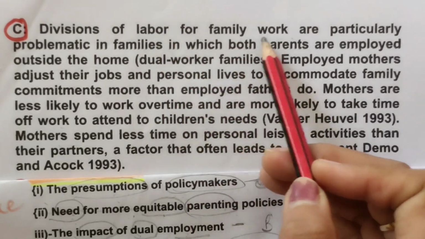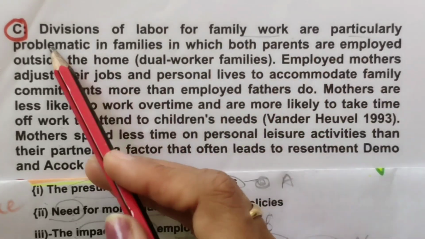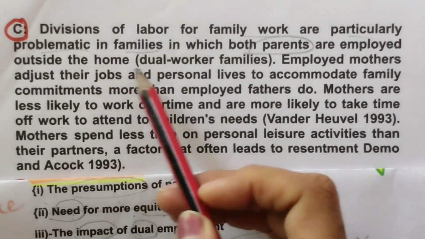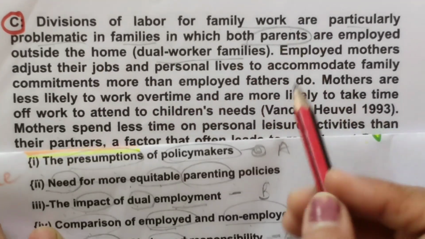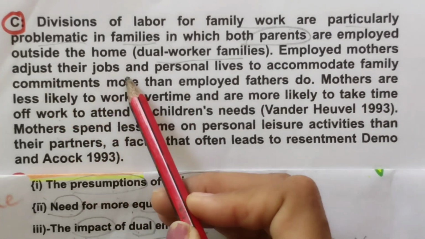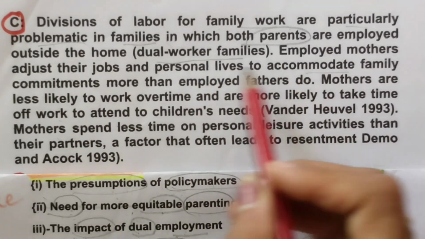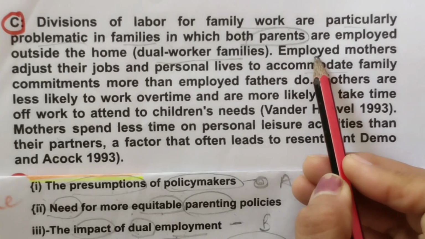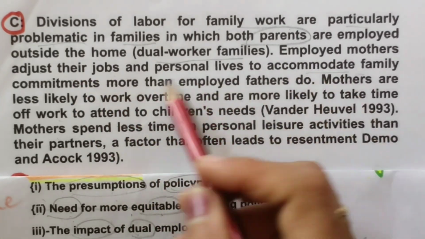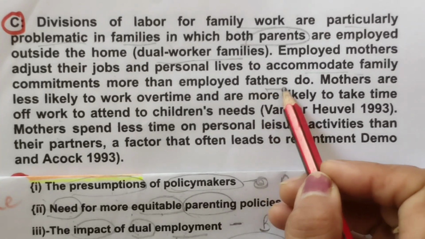Now we can start reading C paragraph. Divisions of labor for family work are particularly problematic in families in which both parents are employed outside the home. Dual worker families. Employed mothers adjust their jobs and personal lives to accommodate family commitments more than employed fathers do.